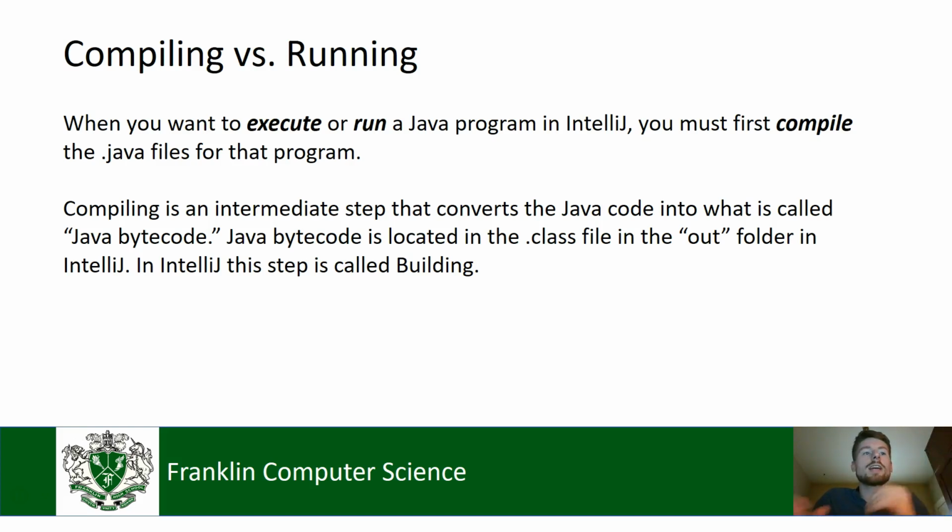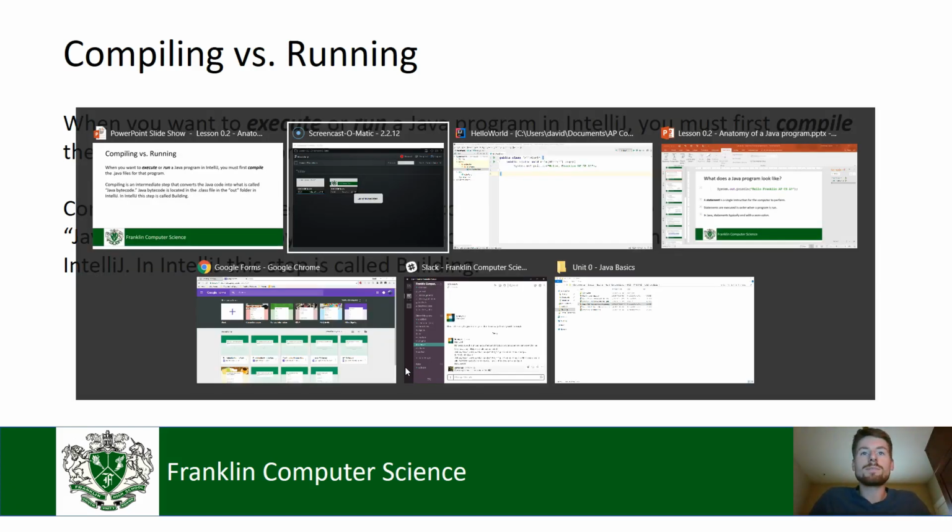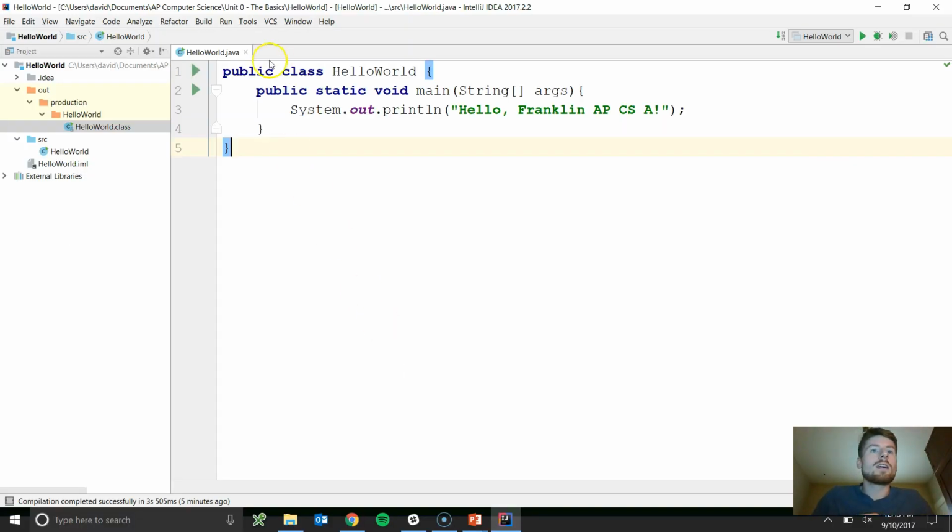So this gets created and dumped into the out folder when we build a program in IntelliJ. It's called building in IntelliJ as opposed to compiling, but that's what it's doing, is compiling all the .java files.